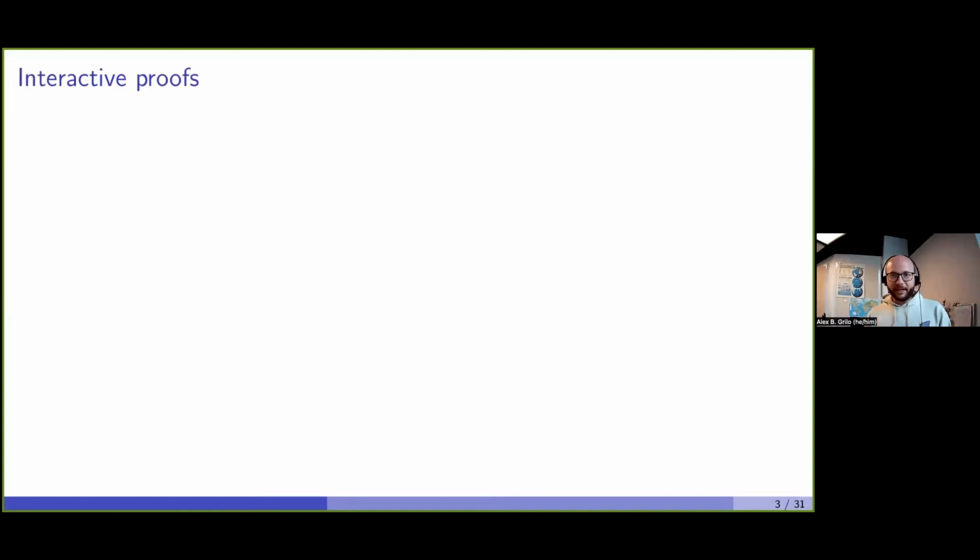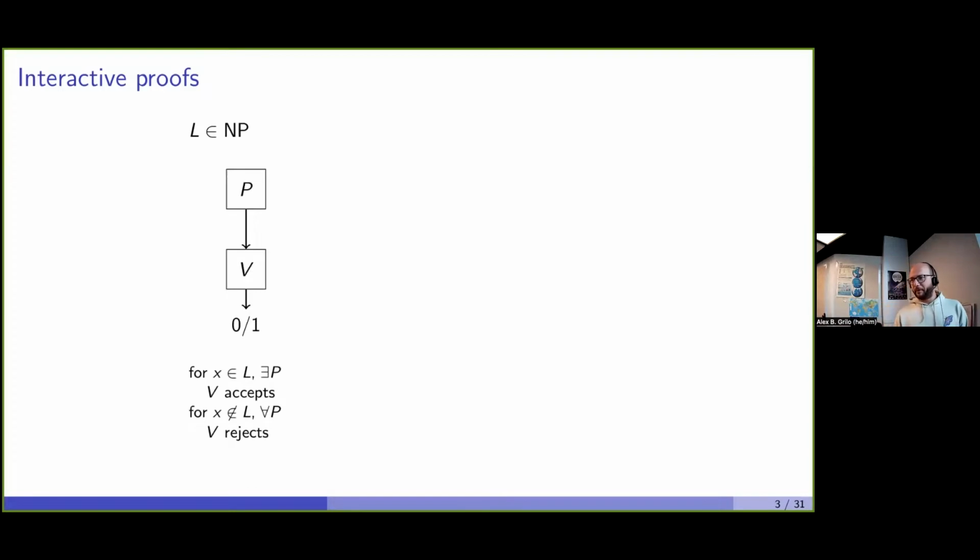To start from the beginning, let me talk a bit about interactive proofs. Probably all of you know about the complexity class NP, where we say that a language or a problem is in NP if you have a polynomial time verification that receives a polynomial size proof from a prover.